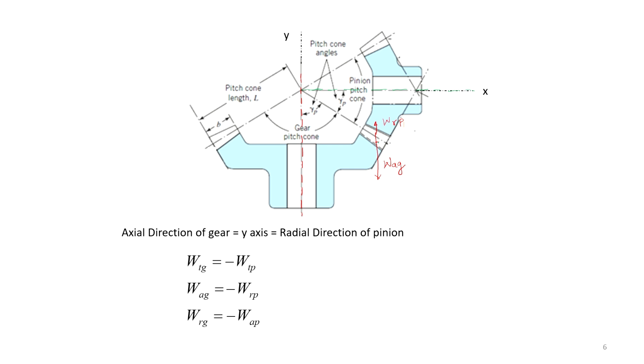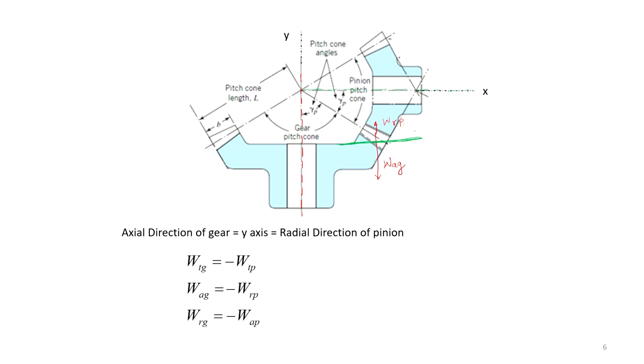So, at the point of contact, the axial force on the pinion will act in this way, and its arrow will be decided by the radial force which will act on the gear.